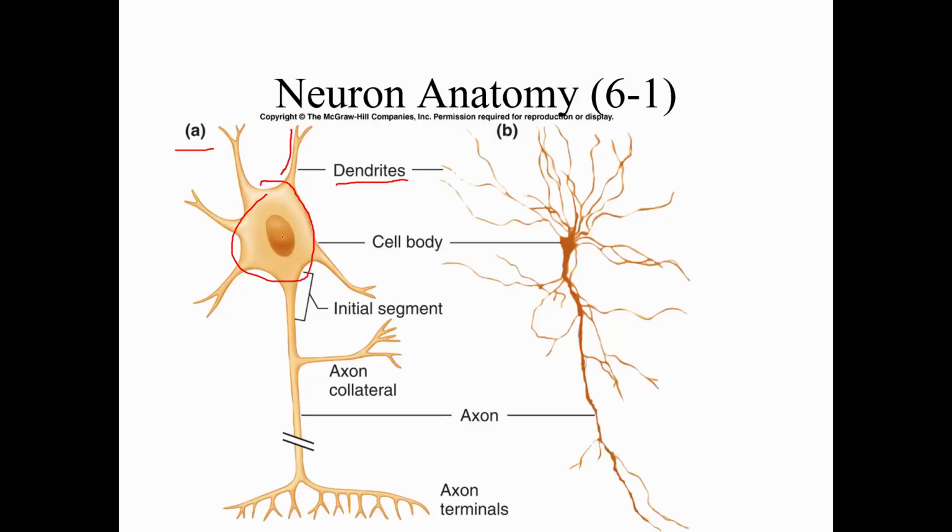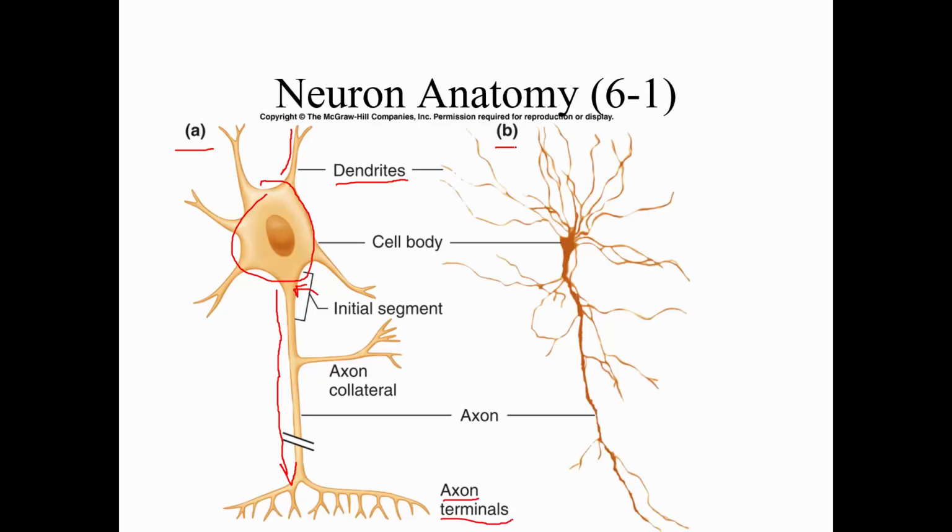This is where the nucleus, lots of mitochondria, lots of Golgi apparatus, a lot of cellular machinery for making neurotransmitters are. This is the initial segment of the axon. This is where the action potential is going to start. And then you have information being transmitted down the axon to the axon terminals where the neurotransmitter is released.